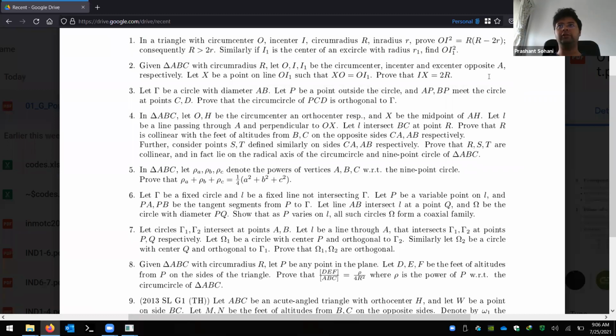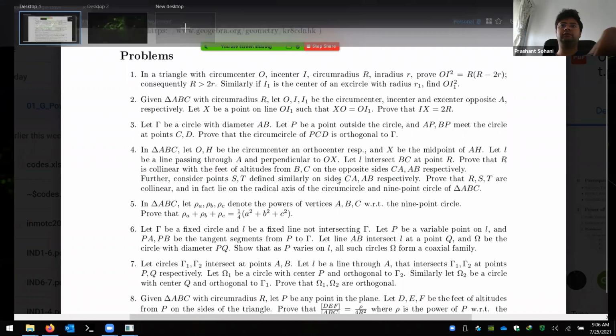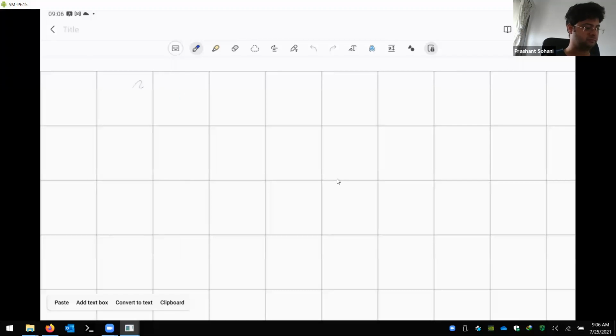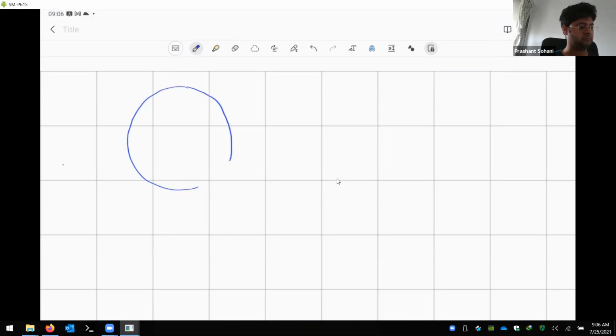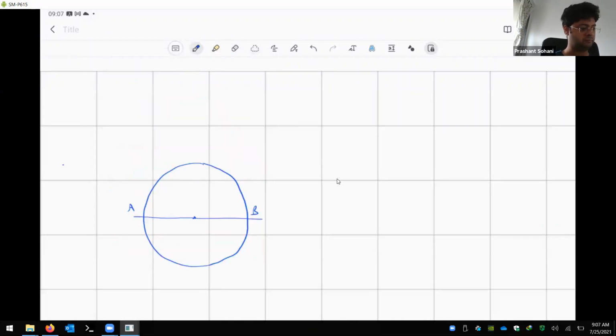Okay, so question 3. What you are given is a circle with diameter AB, and a point P somewhere.